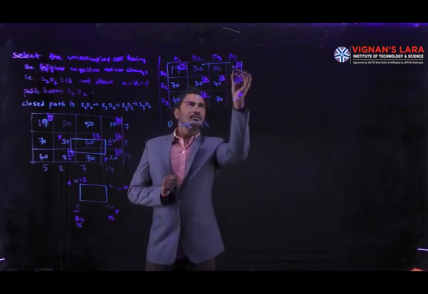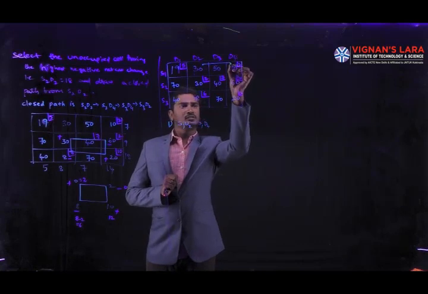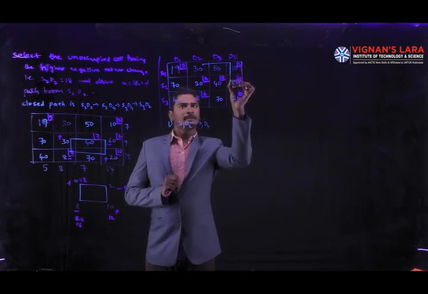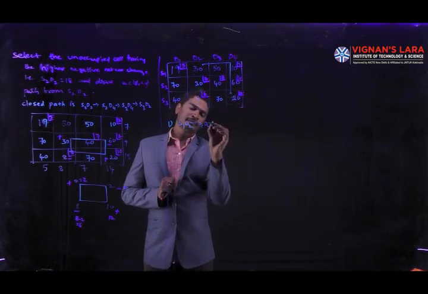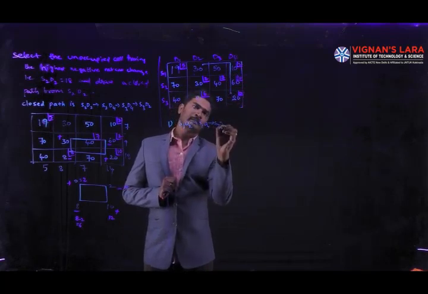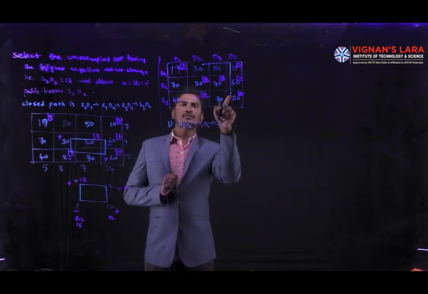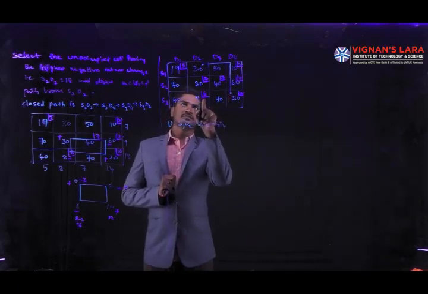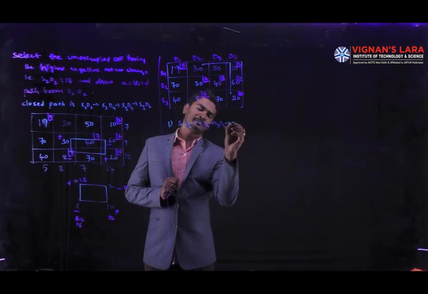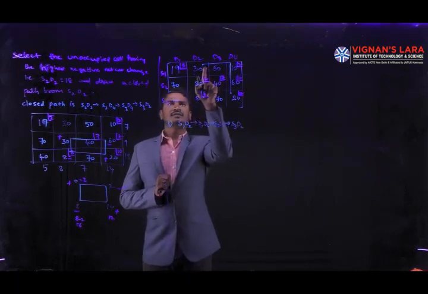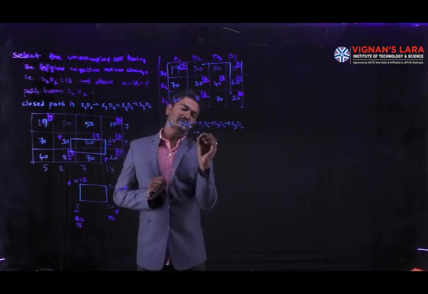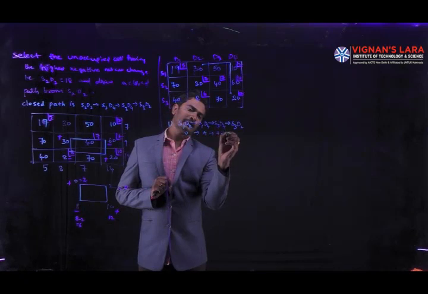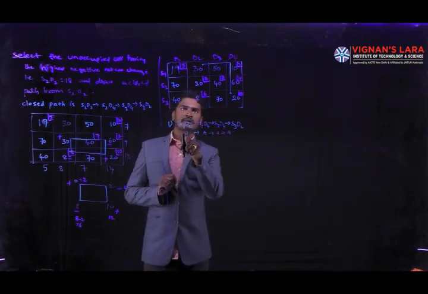Again it moves from S1 D4 to S3 D4, then from S3 D4 to S3 D2, and it ends with S1 D2. Here this is unallocated, and the others are allocated, and again it reaches the unallocated cell.